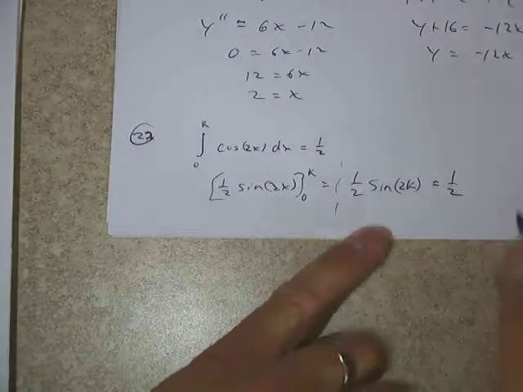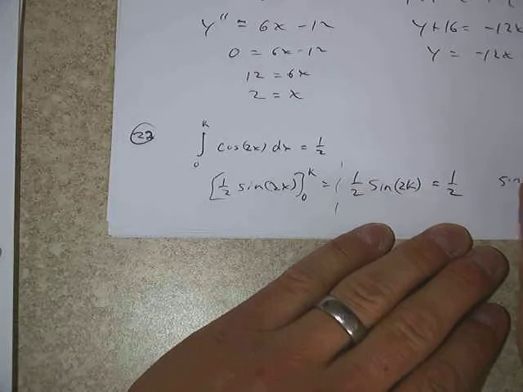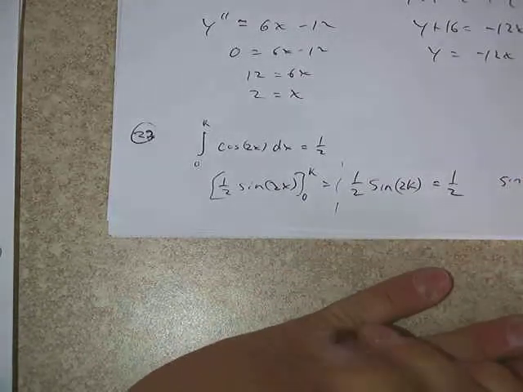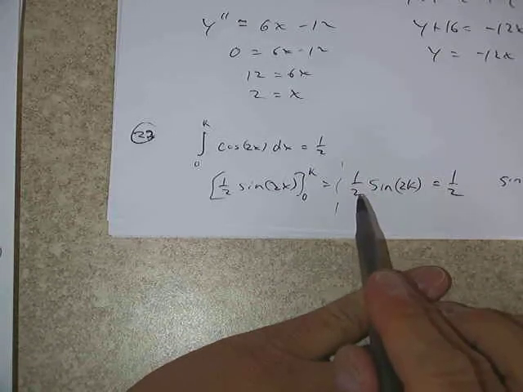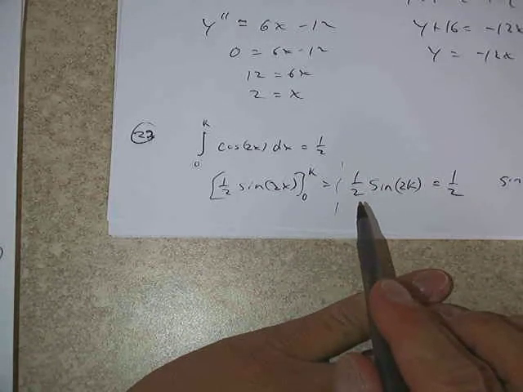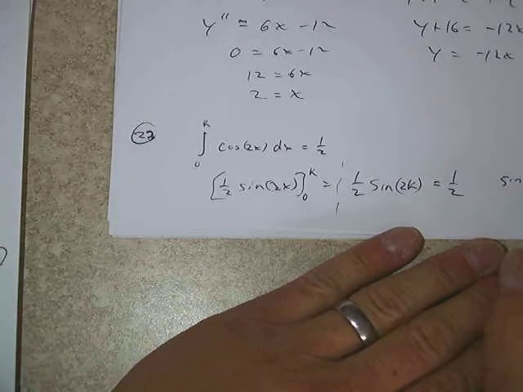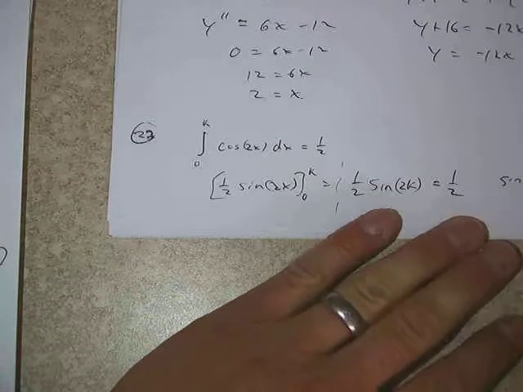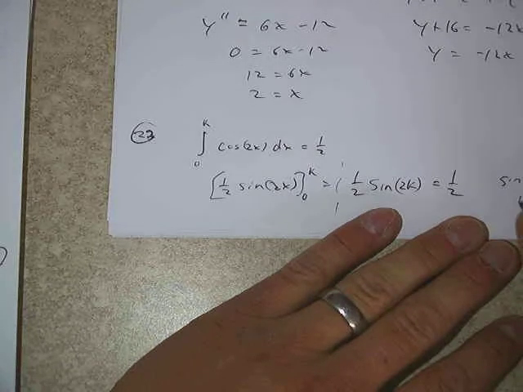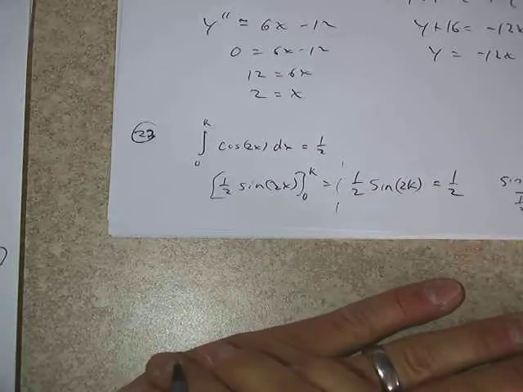Alright, so with that, we'd have a half sine 2k. 0 in here is going to give us sine of 0, which is 0. So ultimately, that right there is our sentence at this point. 1 half sine 2k equals a half. Multiply both sides by 2, and we get sine 2k equals 1.